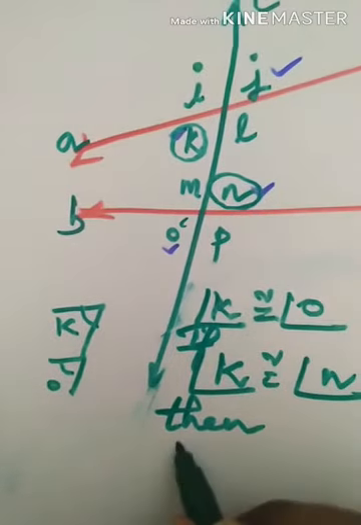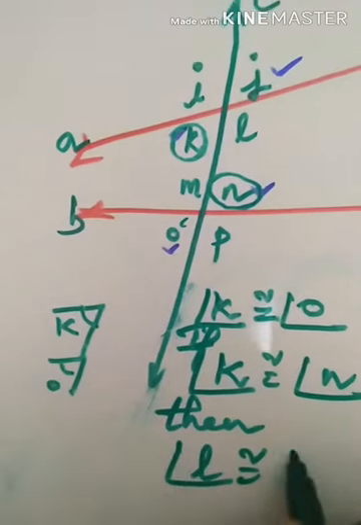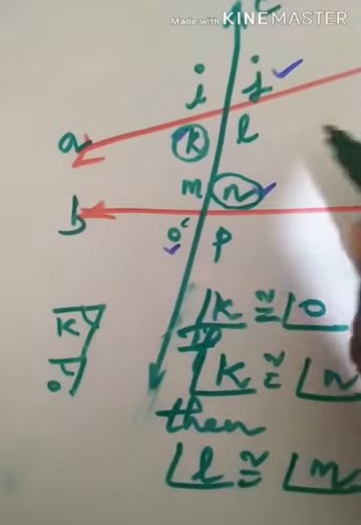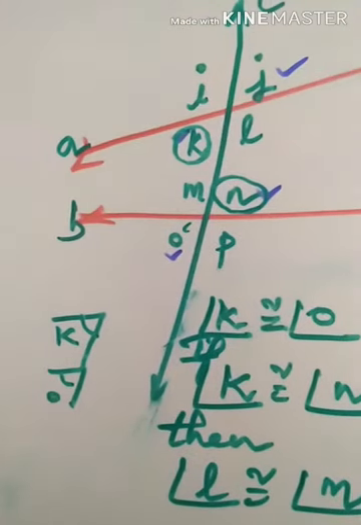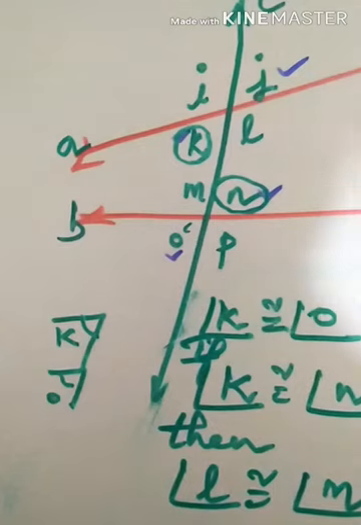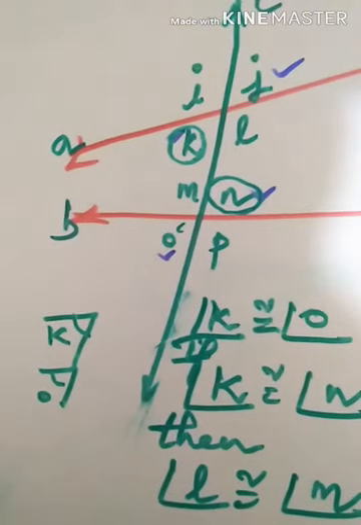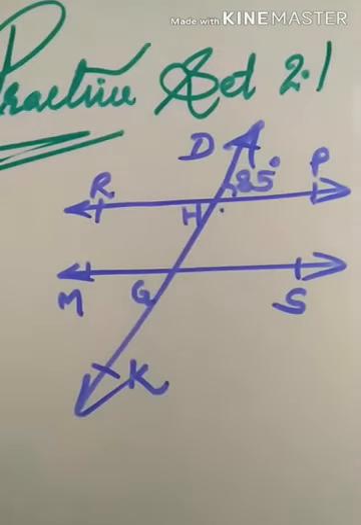That is, L will be congruent to M. Understood? The last one, if one pair of interior angles are supplementary, then the other pair of interior angles will also be supplementary. Now let us start with practice set 2.1.